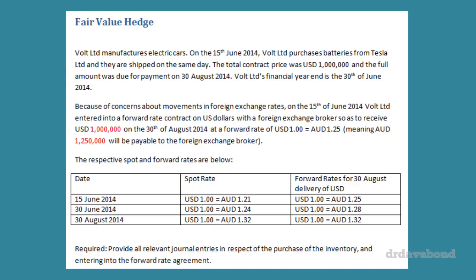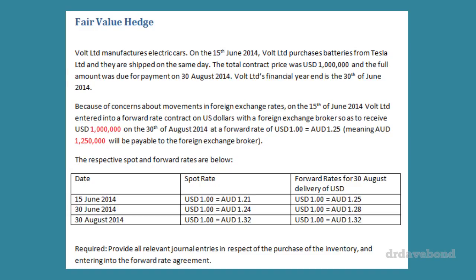And then when we come through to the final date when settlement happens, that $1 million is now worth 1.32. The 1.25 you've got to pay Jerome is still worth 1.25 because it's in Aussie already. And that difference is $70,000. So that's the equivalent of the $50 and $40 exchange that never happened.